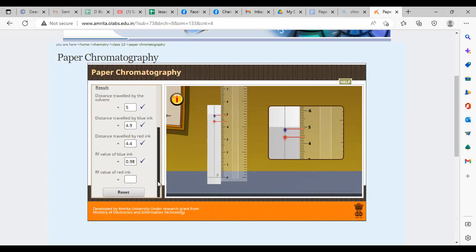So, anong value for the red ink? 4.4 divided by 5, sorry, is 0.88. Okay, tama lahat. Okay, gets? So, yan yung experiment natin, no?